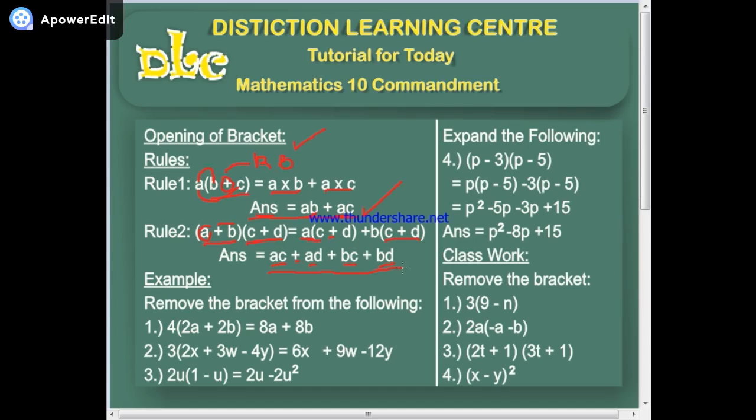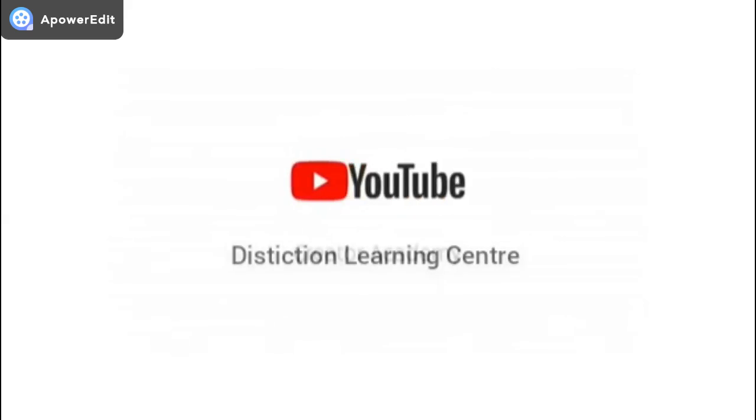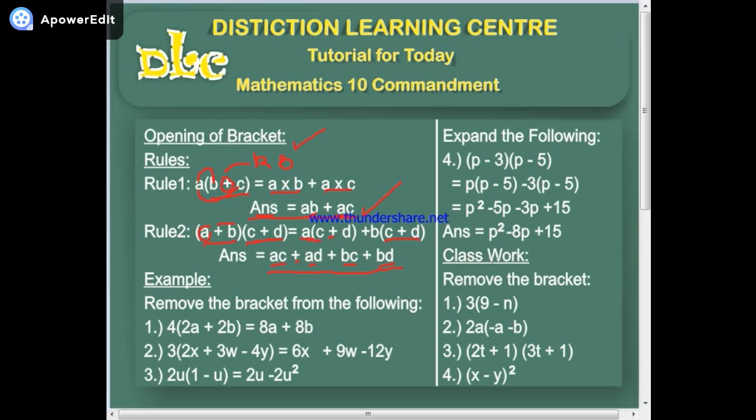Now let's give justice to this example below. The first question here is 4 into bracket 2a plus 2b, close the bracket. And our final answer is a plus b.